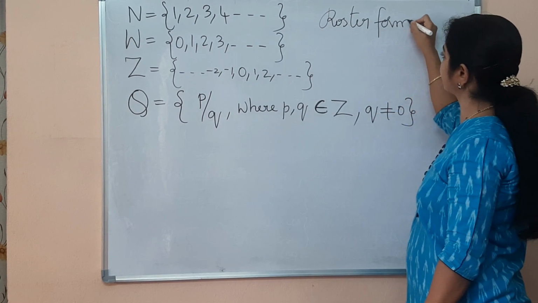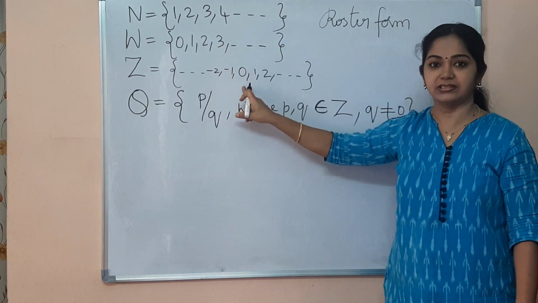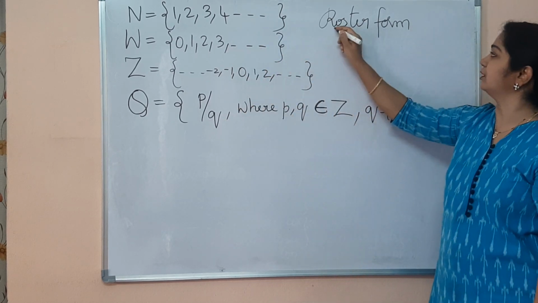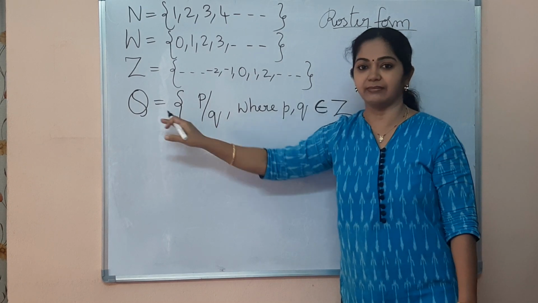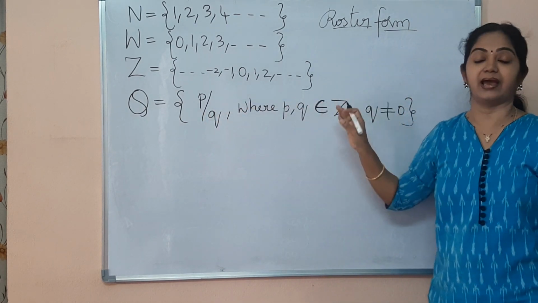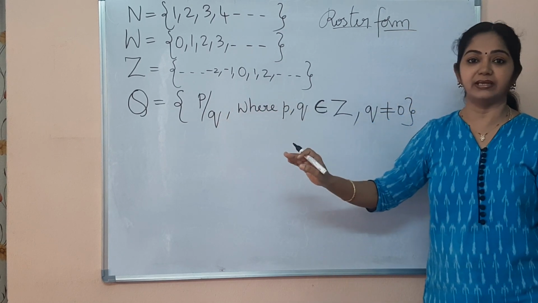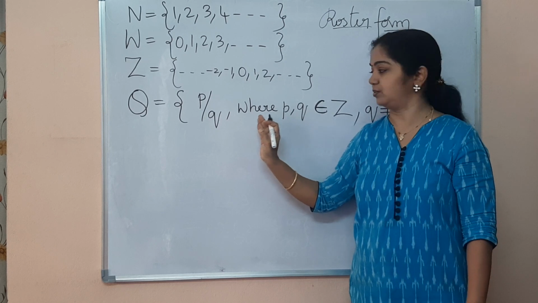Okay children, clear? This sort of listing out the elements directly in the form of a set is called the roster form. Whereas in the case of rational numbers, I haven't listed out the elements, but I have given a condition which each and every element in this set possesses.